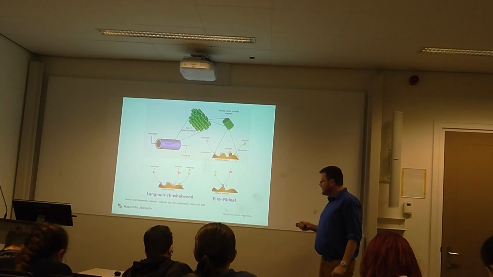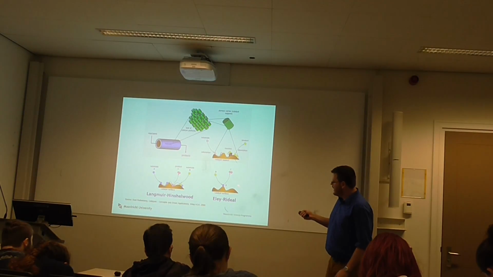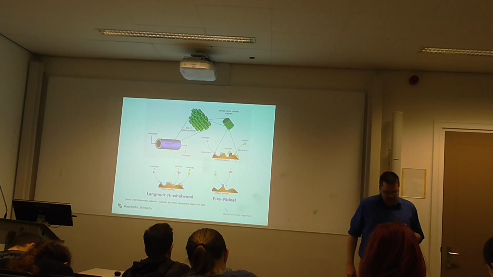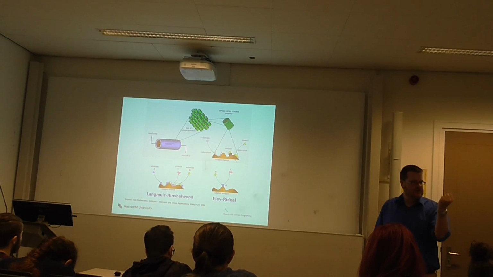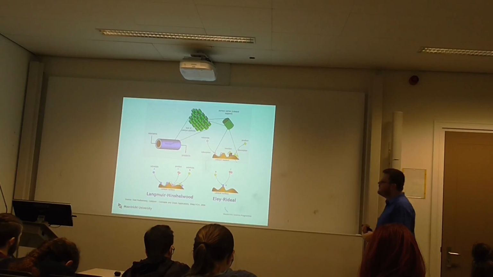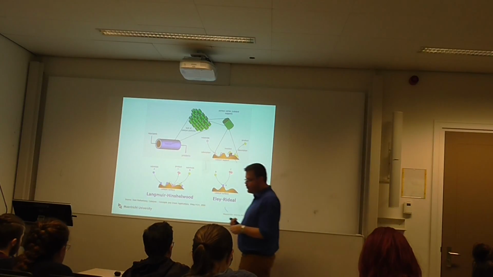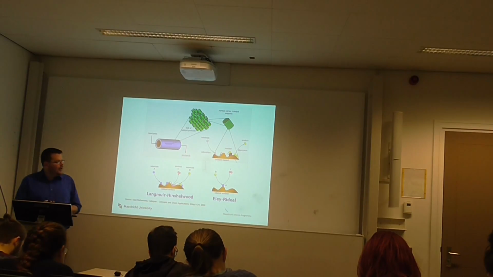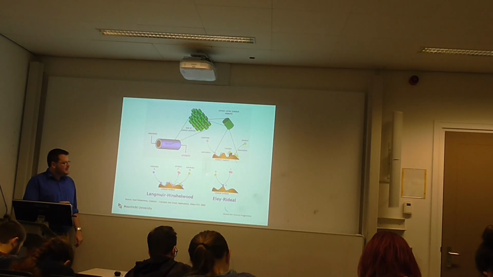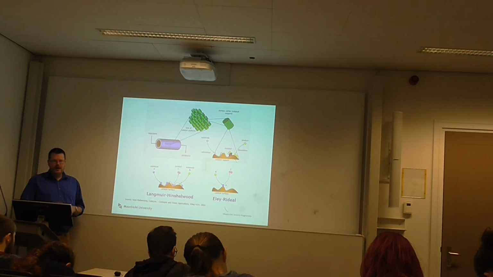And the other mechanism is called the Eley-Rideal mechanism, where you have one of the reactants or starting materials very strongly interacting with the surface via generally a chemisorption process, so a strong interaction. And the second one, in this case B, as you see here, will interact only weakly with the surface, or even not at all.